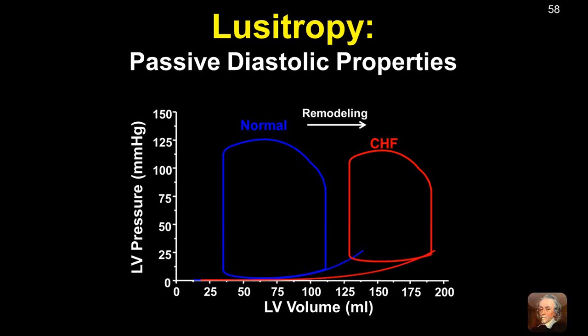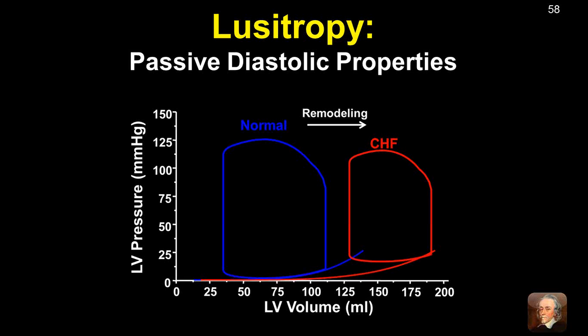So while this can change, it's not something that changes on a beat-by-beat basis, but something that takes time to occur. So for example, you could have shifts of the end diastolic pressure-volume relationship, as shown here, and this occurs very commonly in the setting of heart failure.